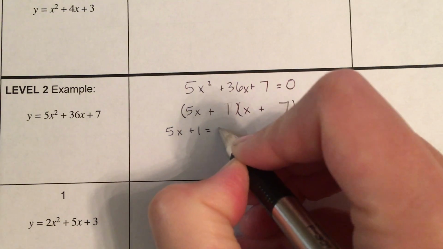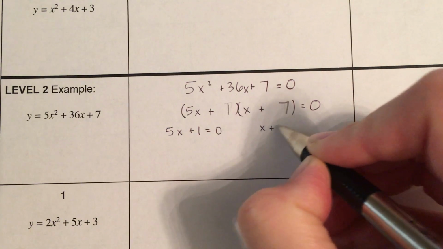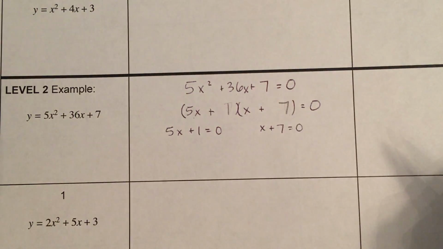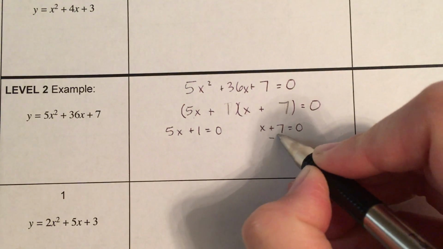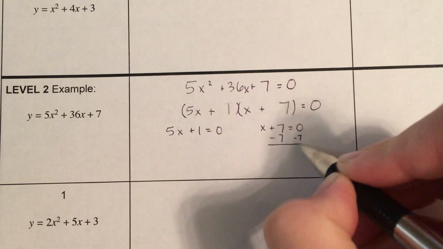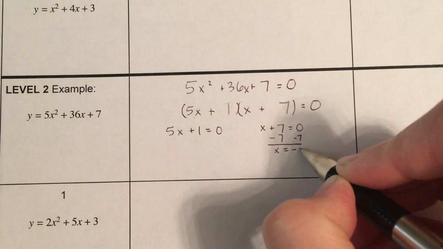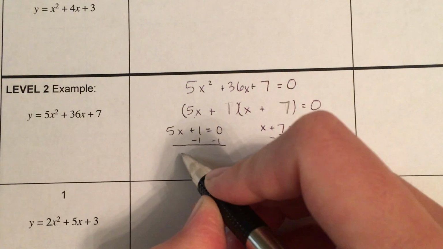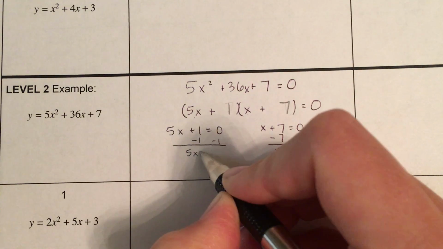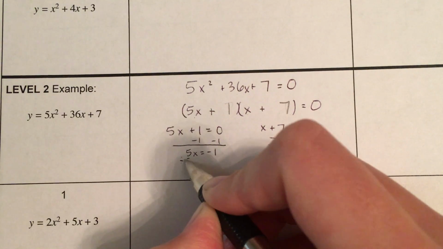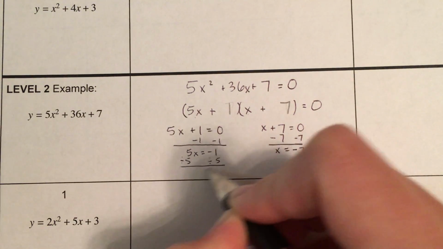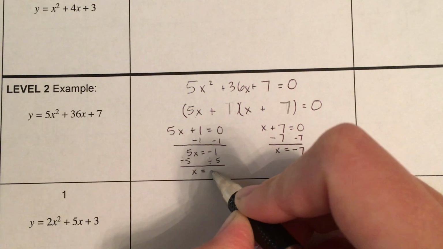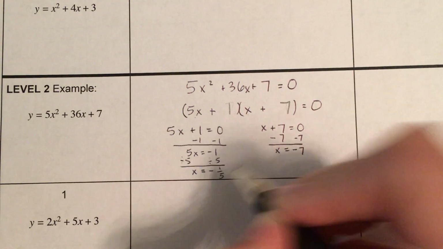So now I can say, okay, well, either this equals 0 or this equals 0. So I'm going to go ahead and solve. And I get 5x equals negative 1. When I divide by 5, I get x equals negative 1/5.